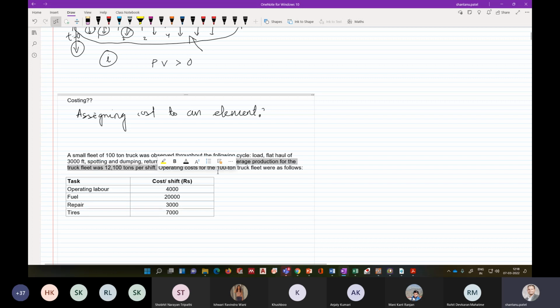Operating costs for the 100-ton truck fleet were as follows. To operate this truck, we need operating labor, fuel, repair, and tires. Our task is to find the cost per ton of material moved.